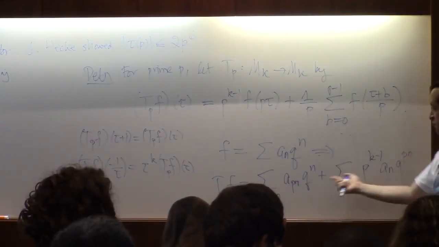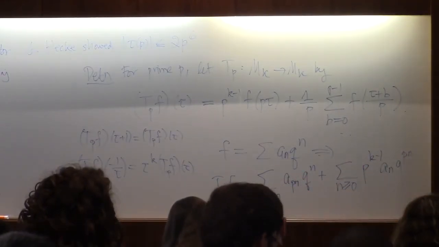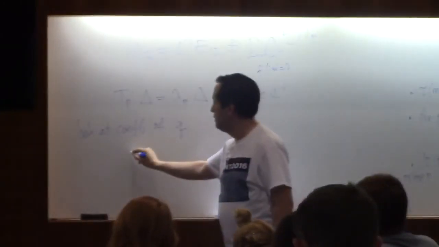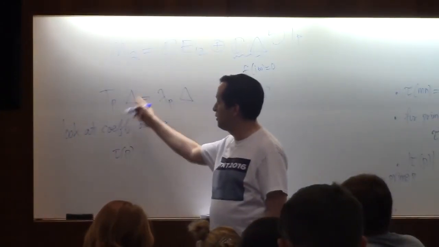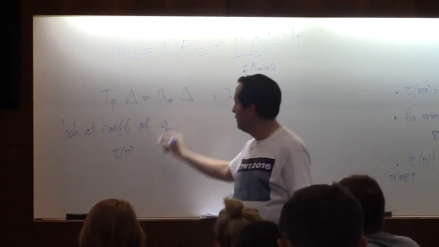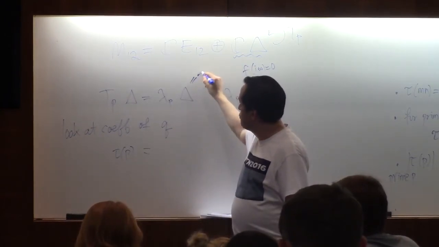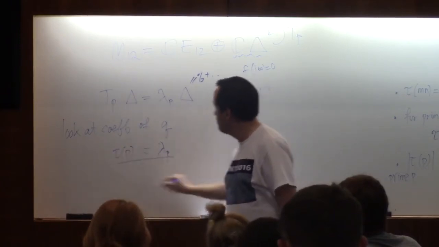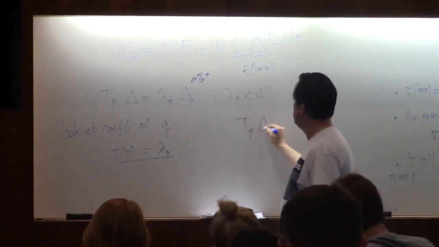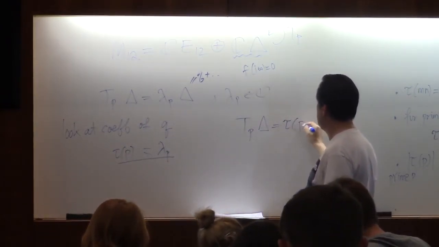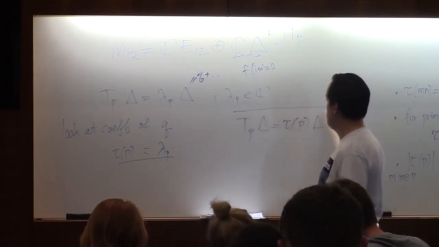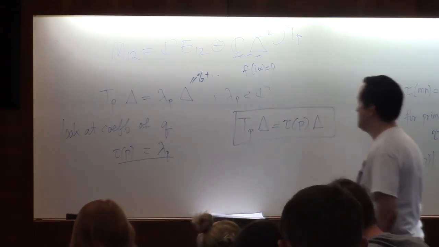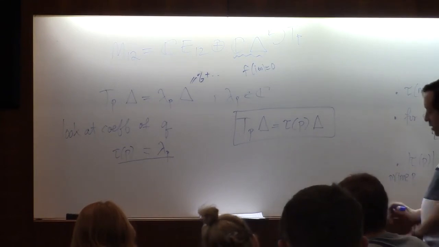You never get a q to the first from the second sum, you just get a_p. So the coefficient of q on this side is the coefficient of q to the p in the original thing. And on this side, because delta starts off as q plus stuff, you just get lambda_p. So the eigenvalue is actually, we can interpret the coefficient tau(p) as an eigenvalue of a linear operator.